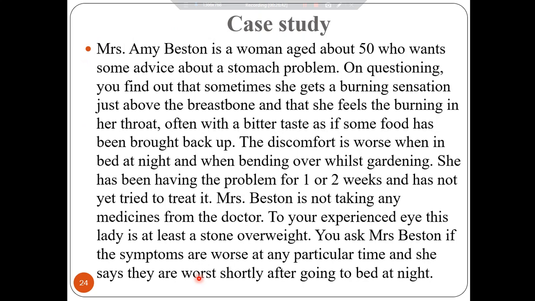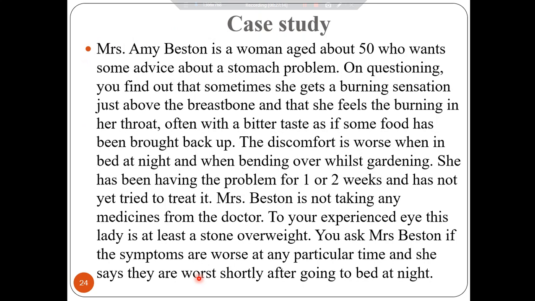On questioning, you find out that sometimes she gets a burning sensation just above the breastbone, and that she feels the burning in her throat, often with a bitter taste, as if some food has been brought back up. The discomfort is worse when in bed at night and when bending over whilst gardening.